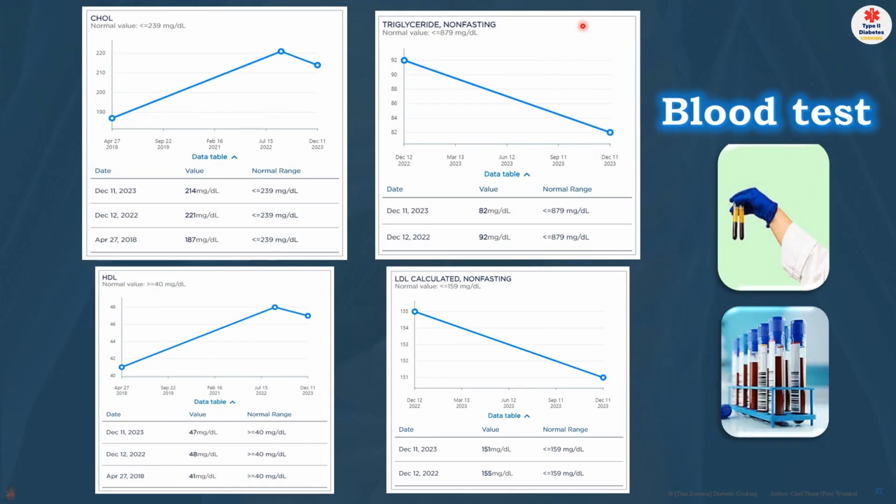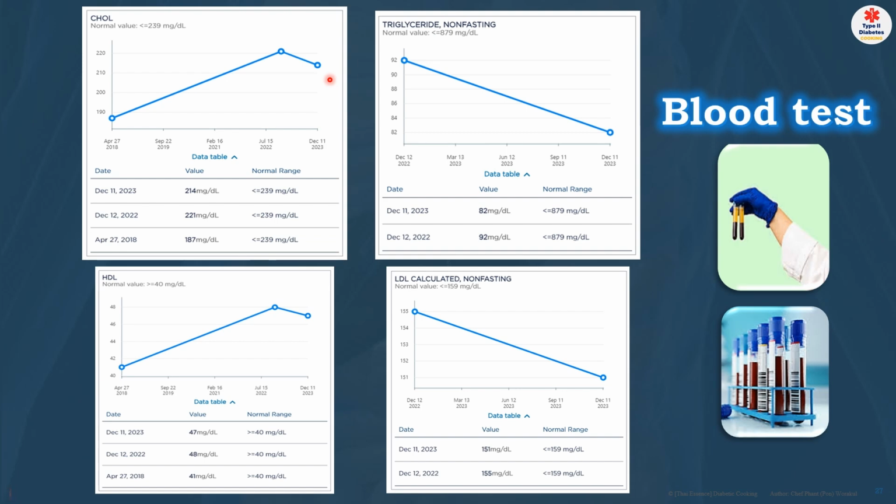So we look into the trends a little bit. So there is cholesterol. When I started, about 2018, 2019, it started going up, and then it hit 220, and then it started coming down. This is the data that I have at this point.